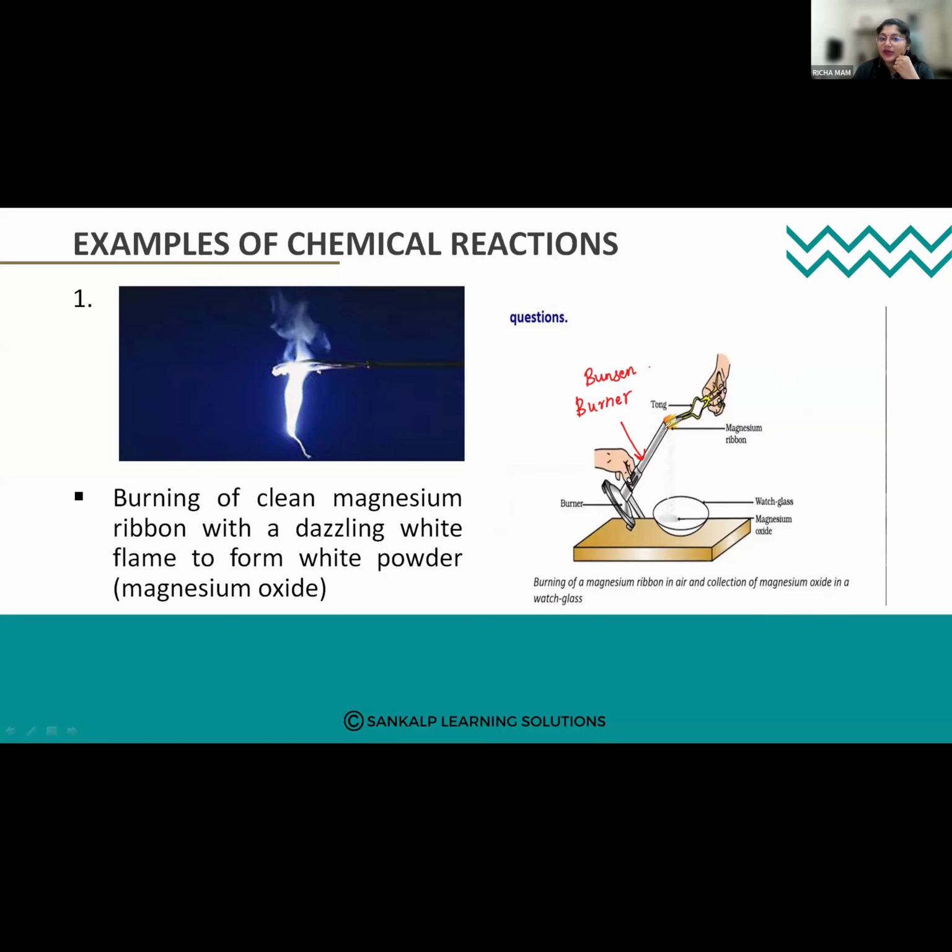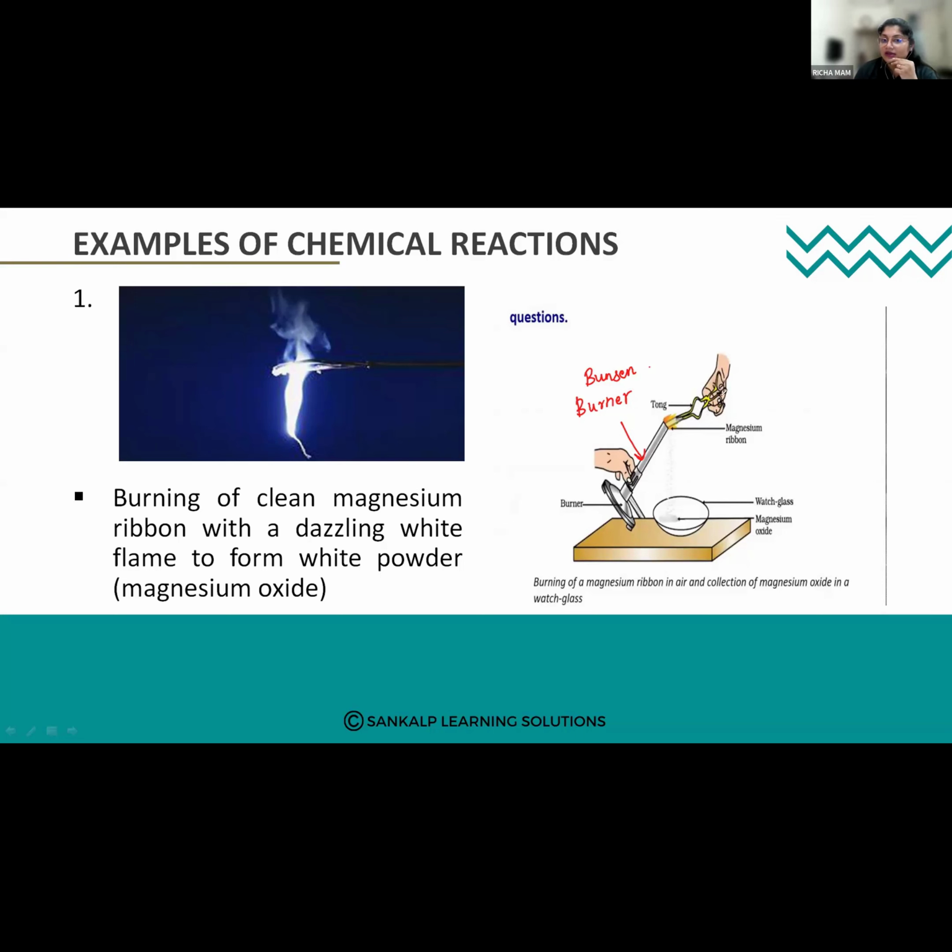The Bunsen burner is used in laboratories. Here you take a magnesium ribbon, and we are going to take a pair of tongs, which is used to hold the magnesium ribbon.